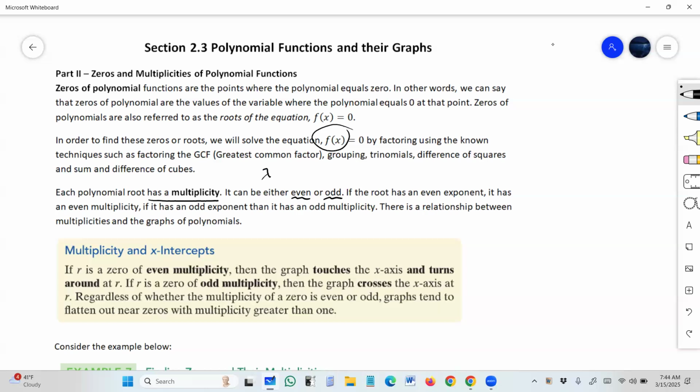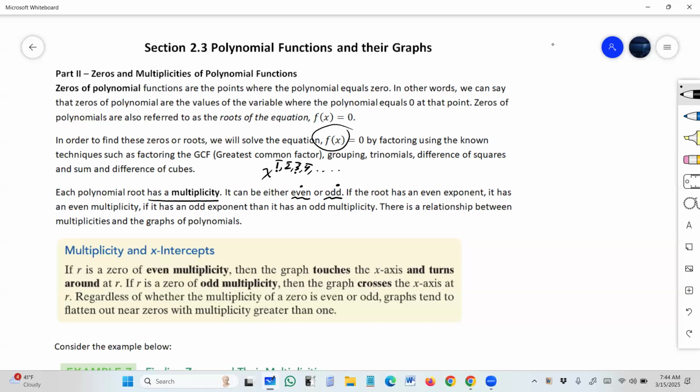The exponent is going to be a number 1 or 2 or 3 or 4, any positive integer value. Okay? If the integer exponent is odd, we say that the root has an odd multiplicity. If the exponent is even, we say that the root has an even multiplicity. And why is that important?